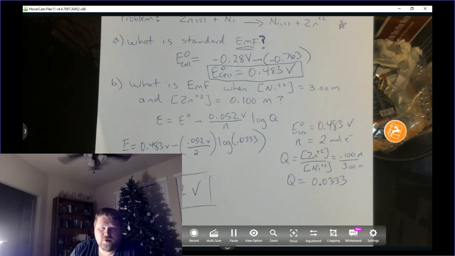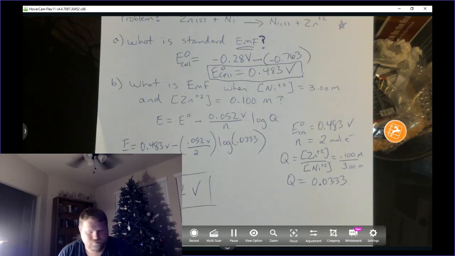In essence, we're stimulating the anode to get after it more, to get that concentration up to where the zinc and the nickel concentrations are more closely equal. And that gives us a little bit of an uptick in our voltage.